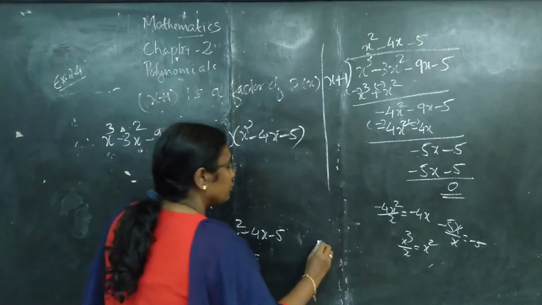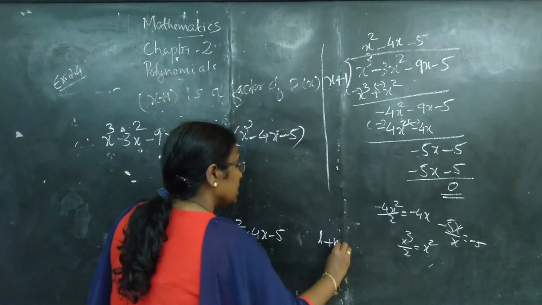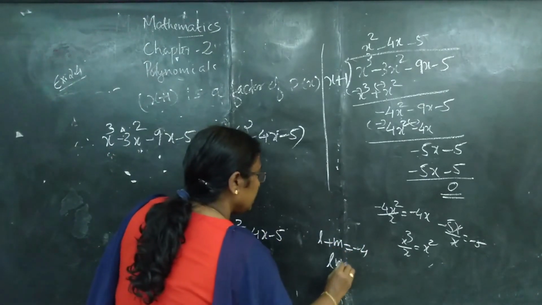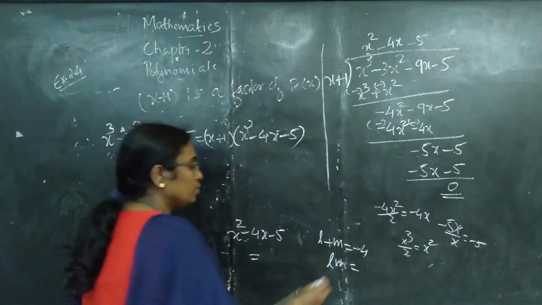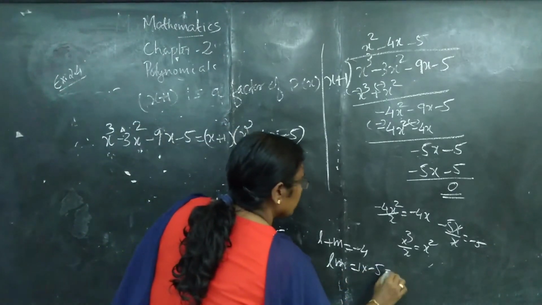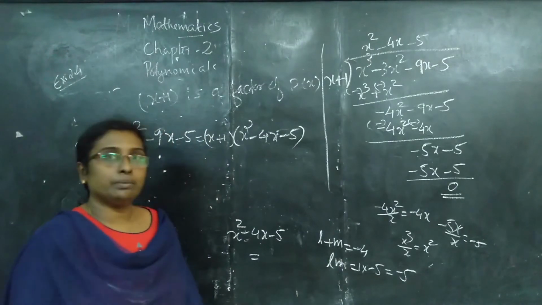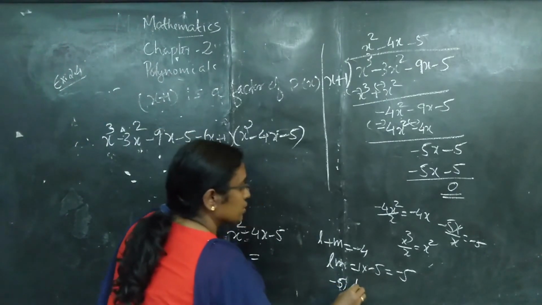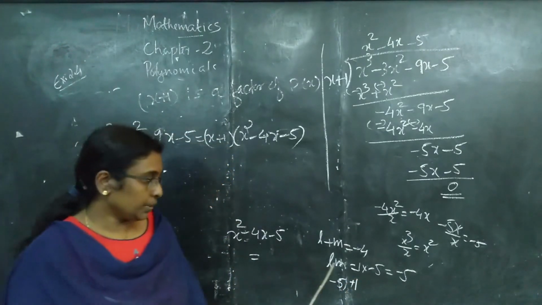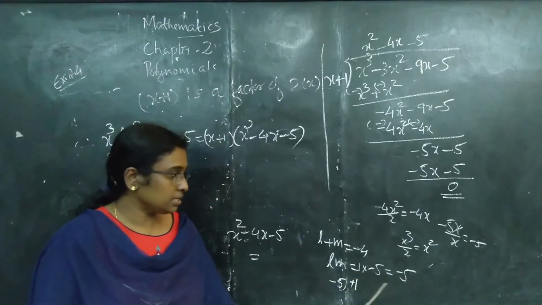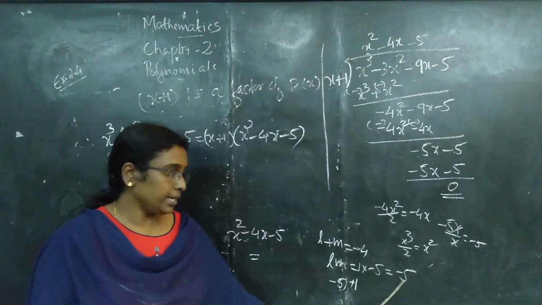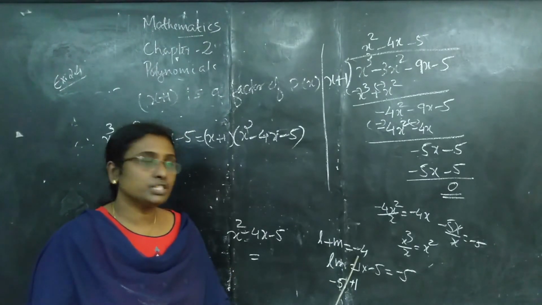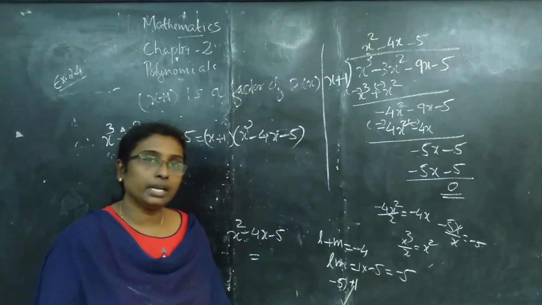That is, we have to find two numbers l and m such that l plus m equal to minus 4 and lm equal to 1 into minus 5 equal to minus 5. What are the two numbers? Minus 5 and plus 1. Minus 5 into plus 1 is minus 5, the product. Their sum is minus 4. So the two numbers are minus 5 and plus 1.